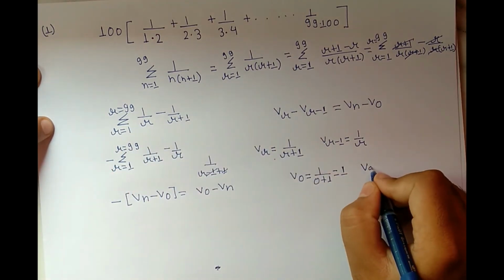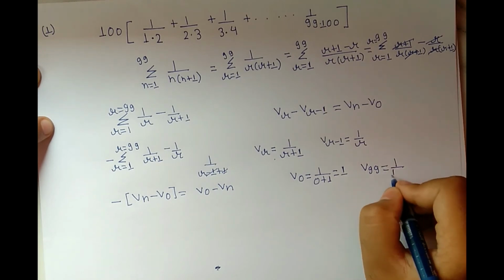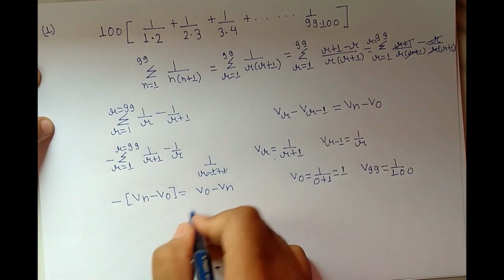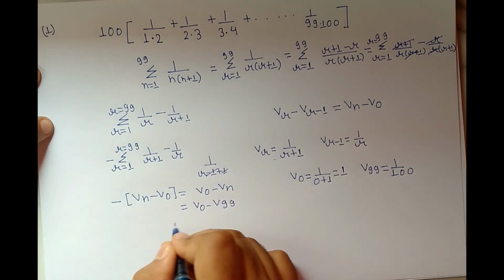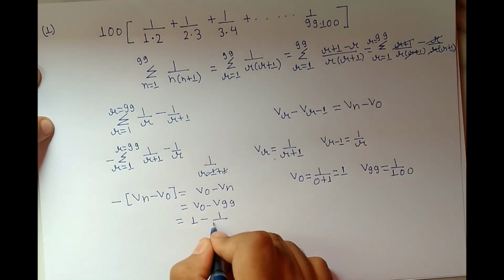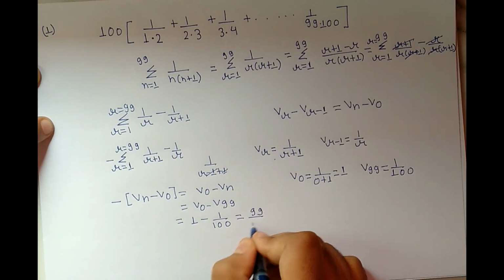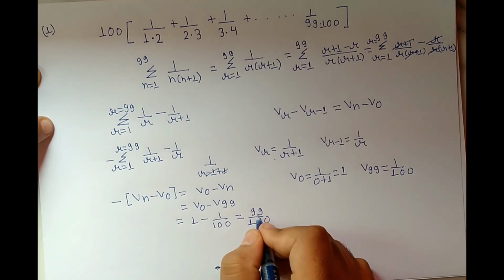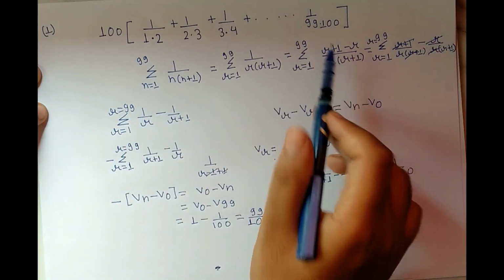So V99 or Vn would give us the value 1 by 100. So this is equal to V0 minus V99, which is equal to 1 minus 1 by 100, which is equal to 99 by 100. So this 99 by 100 is basically the sum of this series.